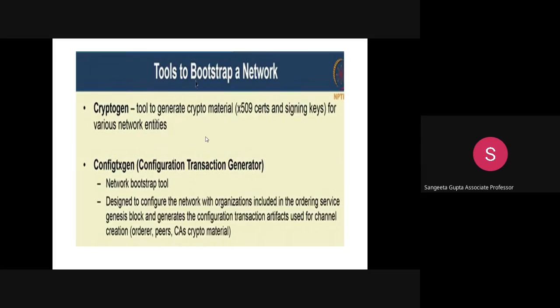Okay, so what are the tools that help to bootstrap a particular network? Here you can see two familiar terms. One is cryptogen. This is used to generate the crypto material with respect to X.509 certificates and the public keys and private keys for different entities. This generator will take care of generating the certificates and the keys.